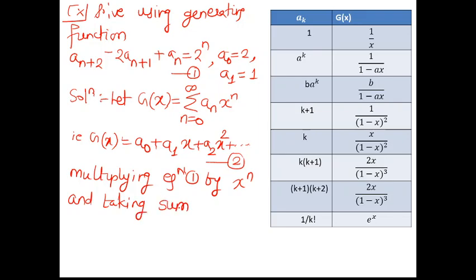Now the sum runs over what? As the lowest suffix term is n and the initial condition is 0, n is equal to 0. So the sum should run from 0 to infinity.